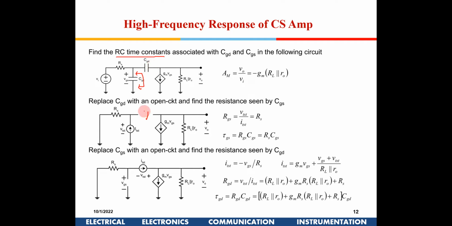So there is no capacitance here, and we put a voltage source out here and see what the resistance is as seen by this test source. Now when I look from here, I can see only RS. So I get one pole with the time constant RS CGS. Is this much clear to all of you?